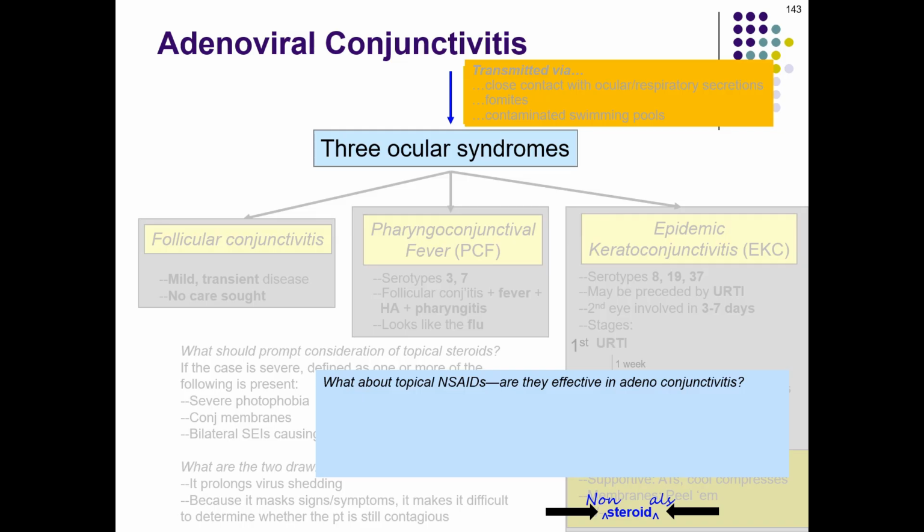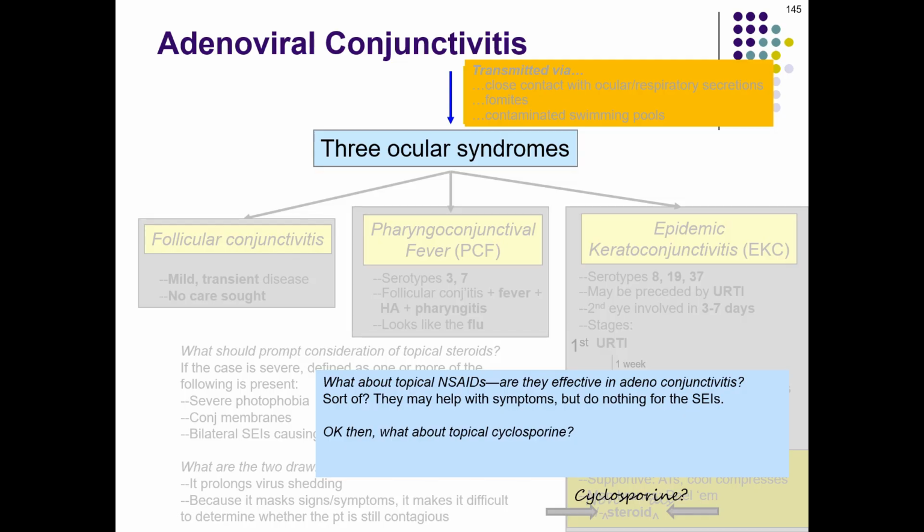Are they effective in adenovirus conjunctivitis? Actually, they might help with symptoms, but they do nothing for the subepithelial infiltrates. What about topical cyclosporine? The Cornea book says it may be considered when other therapies fail. You can give it a trial.